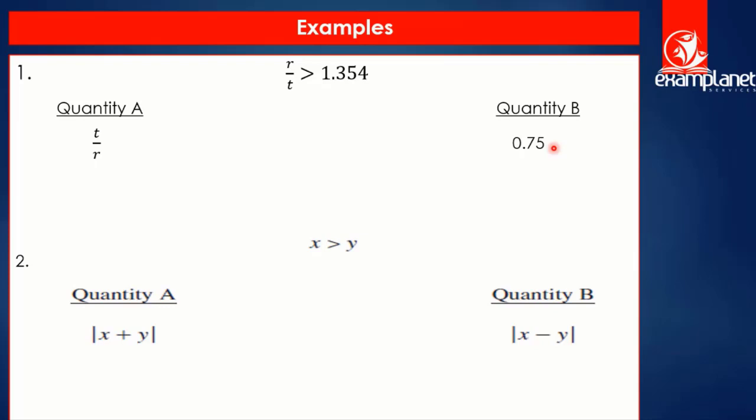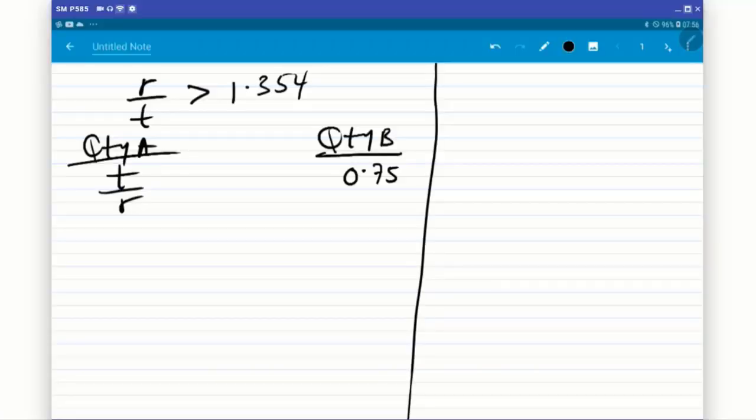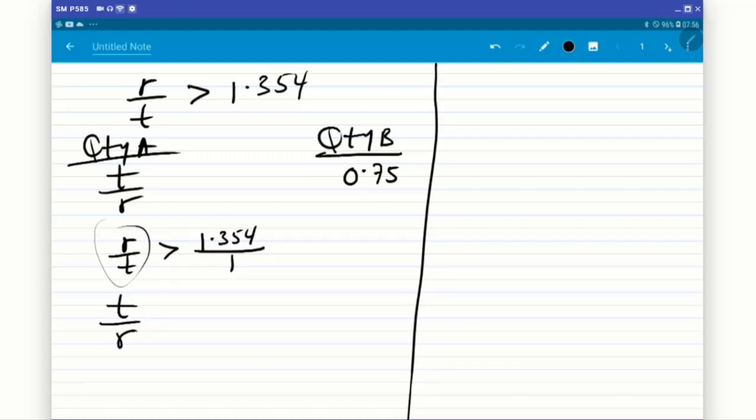Okay, so now let's see the solution to this question. So now I can write this as R over T is greater than 1.354 over 1. Now they're asking me T over R. That's the reciprocal of this, remember? So the sign must reverse to less than. And I have 1 over 1.354.